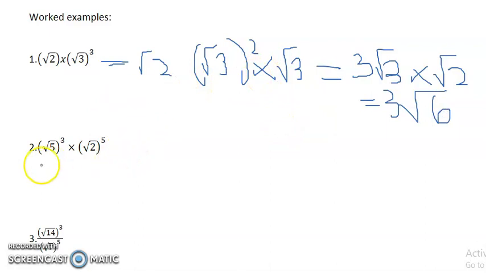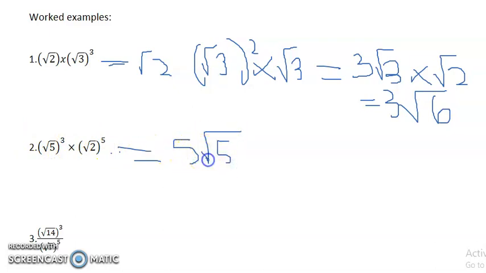Now let's look here. The root of 5 cubed multiplying the root of 2 raised to the power 5. Let's see. Now, from up here, we could verify that the root of 3 cubed gives what? 3 root of 3. So then the root of 5 cubed gives what? 5 root of 5.